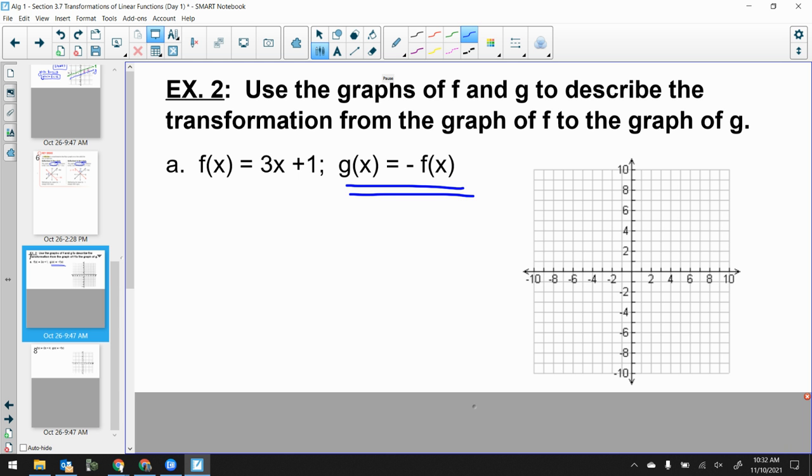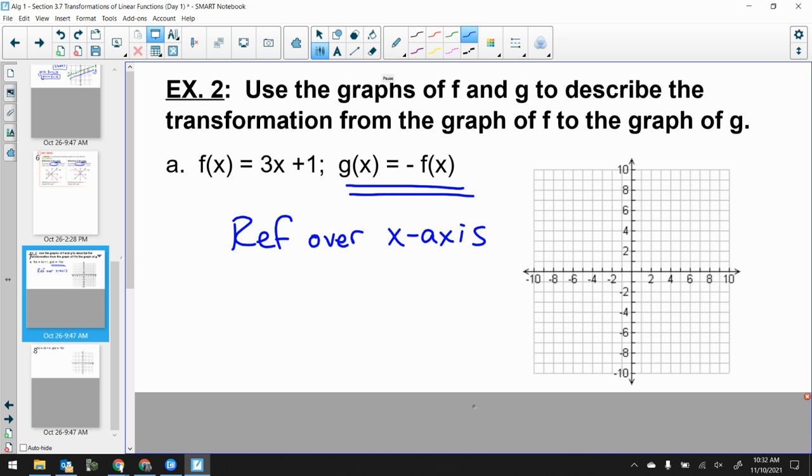What is a negative f of x? Reflection across the x-axis. I'm going to say reflect over x-axis.